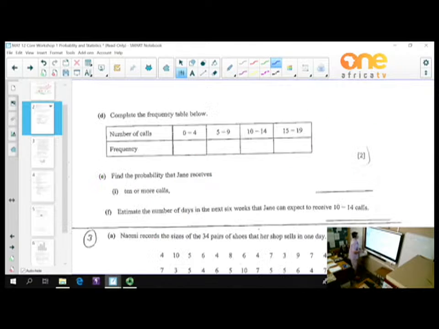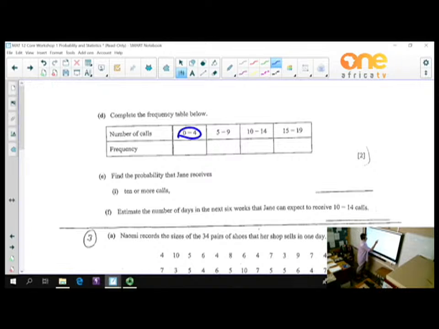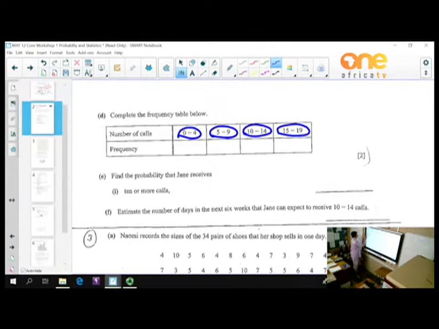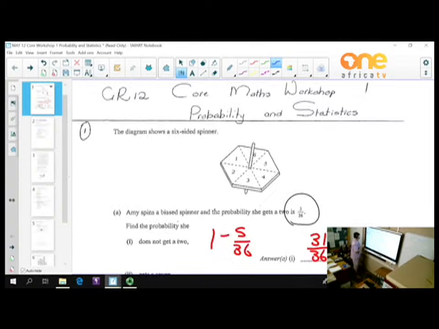The next page. Complete the frequency table below. So now they have divided them into groups. 0 to 4, 5 to 9, 10 to 14, 15 to 19. So I have to count them now. So if we go back now to our previous page.